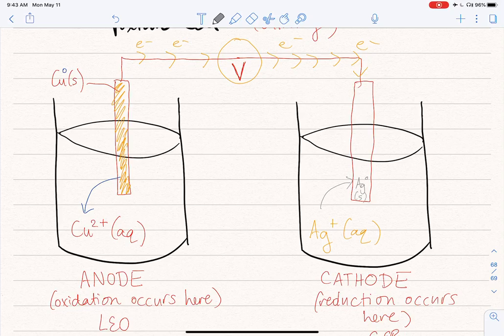So we can even have this electrode be made out of silver. And as the redox reaction progresses, that silver electrode is going to bulk up. So this is my silver electrode, and it's going to bulk up as the silver from the solution plates out onto it. Okay?